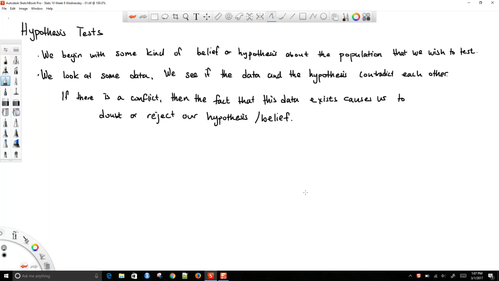Okay. On the other hand, if there is no conflict between the data and the hypothesis, then we go about continuing to believe our hypothesis or belief.